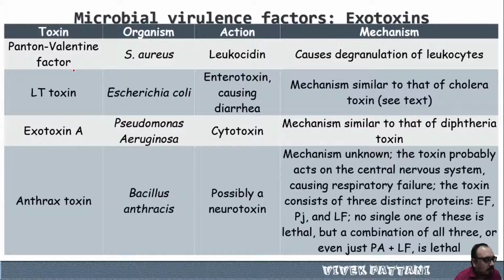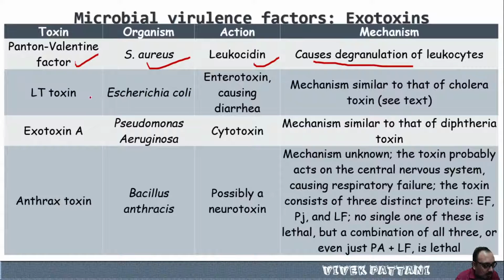Now comes the next toxin, Panton-Valentine factor, which is again produced by Staphylococcus aureus. Its action is of a leukocidin which kills white blood cells or leukocytes. The mechanism causes degranulation of the leukocytes.